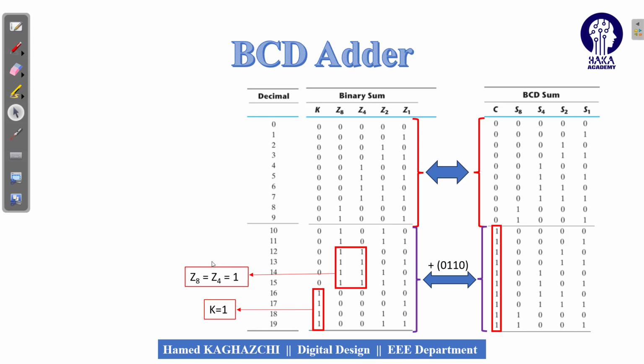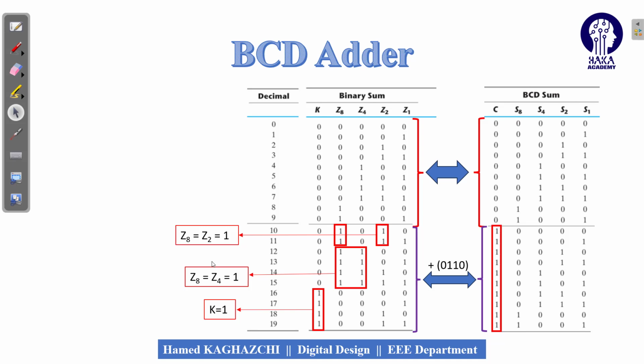If you check these two, you can see that when Z8 and Z2 simultaneously are equal to 1, we have to add 6. For the rest of the numbers, all of them are directly written in the output. So I could find the conditions that when one of them happens, we have to add 6.